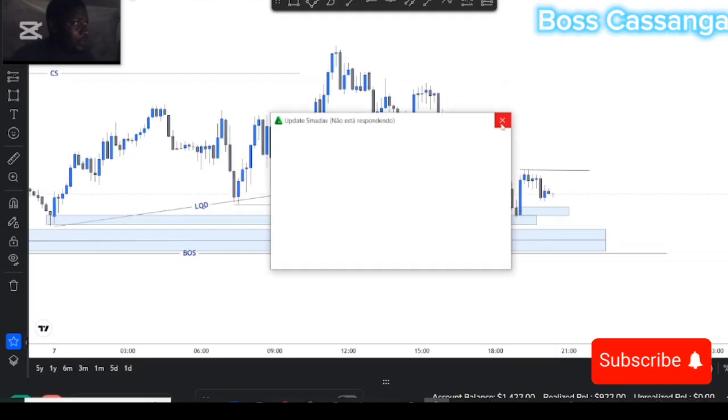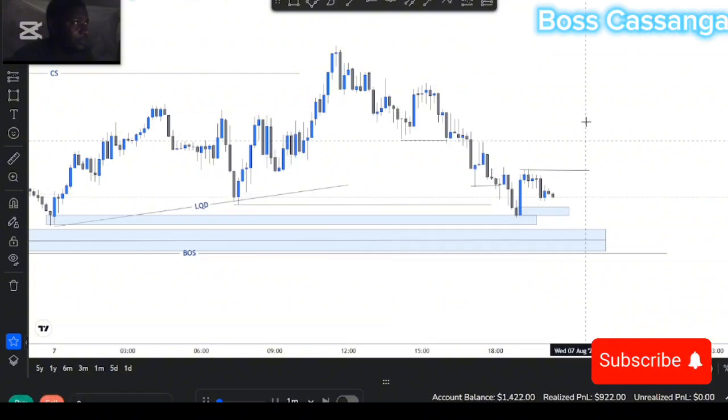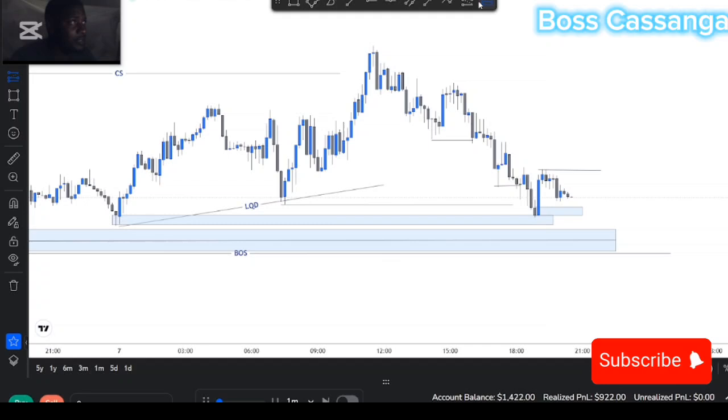Okay, if it comes and tests the zone. My backtesting is not only about my strategy, it's also about when I should be patient. Okay, when I should be patient. Okay, I want to take the trade here.